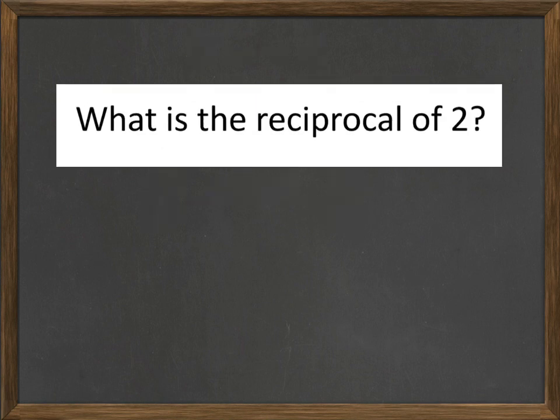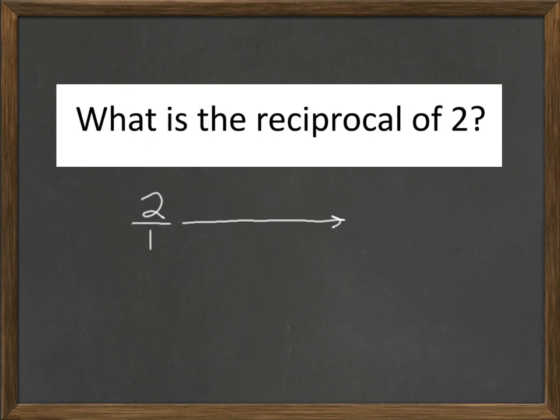Things get a little bit hairy when we have just an integer. 2 is an integer. Since there is no denominator, how could I find the reciprocal of just 2? First I have to create my own fraction. 2 is the same as 2 over 1.